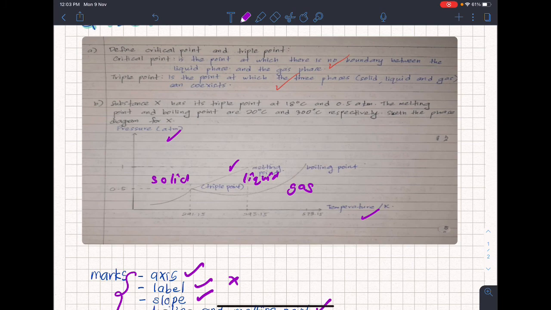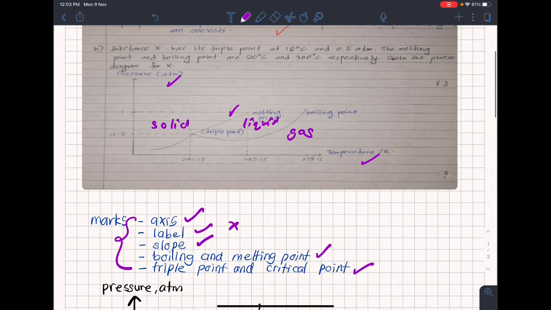Boiling and melting point, they must have a point, so you need to do a dot or a cross. Triple point and critical point, same, you must have a point, and your friend only did the triple point, there is no critical point. So your friend only got 2 out of 5.